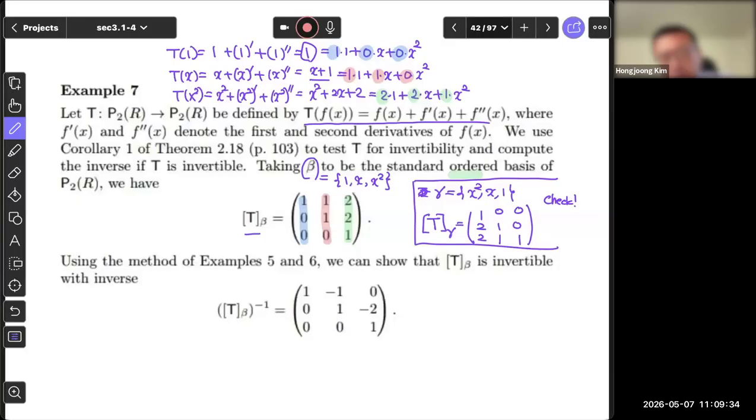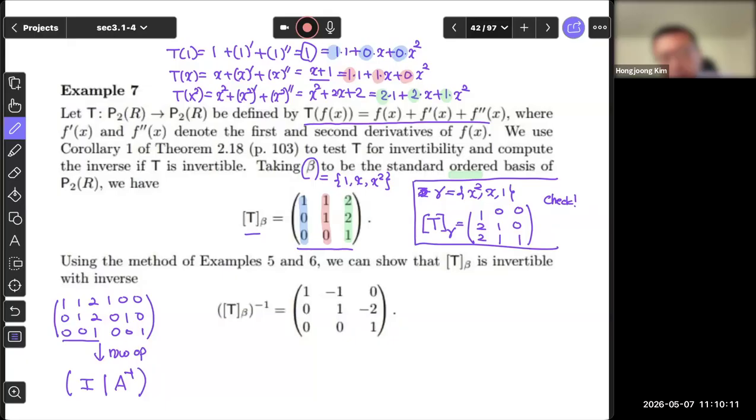Now, given this matrix, if I consider 1, 1, 2, 0, 1, 2, 0, 0, 1, and then paste the identity matrix, and then perform the elementary row operations, the matrix on the left will become the identity matrix, and you get the inverse matrix from the right hand side, right?